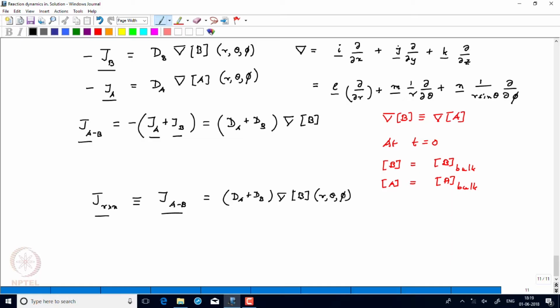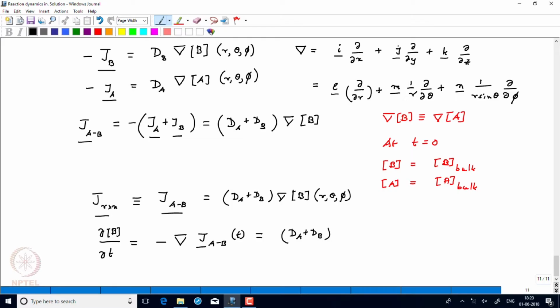Now what is the time derivative of this concentration, dB dt? Again B is the local concentration, not the bulk. Whenever we are using the bulk concentration, we will write the suffix bulk. So dB dt, so that we know we are extending the 1 dimension to a 3 dimensional problem, is the gradient of the flux itself, the joint flux, which is a time dependent quantity, and that is dA plus dB.